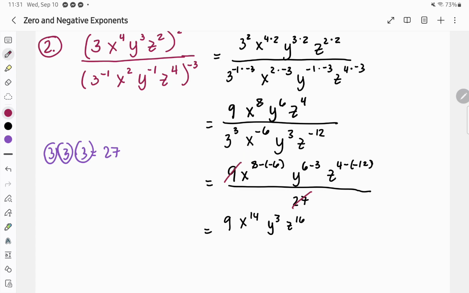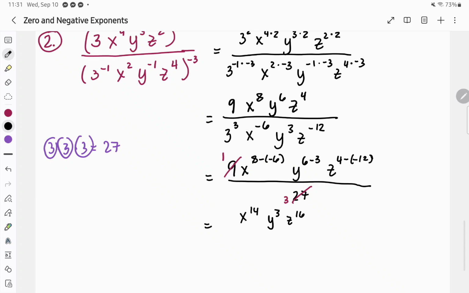Since 9 and 27 are both divisible by 9, we can write it as 9 divided by 9, that is 1. 27 divided by 9 is 3. So, pwede na nating hindi isulat yung 1. We will have x raised to 14, y raised to 3, z raised to 16, all over 3. And that is your final answer.